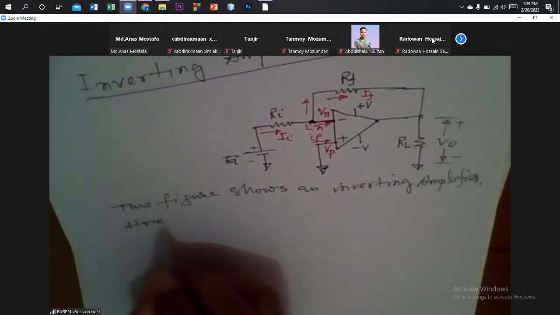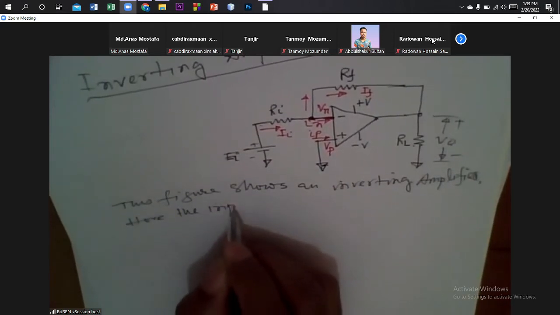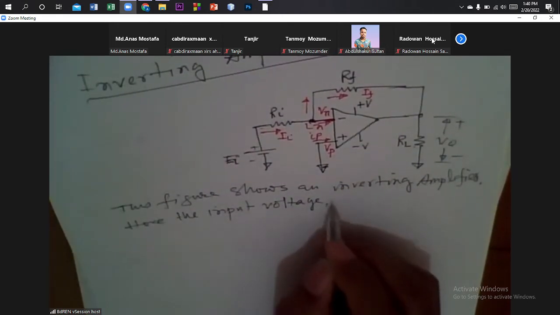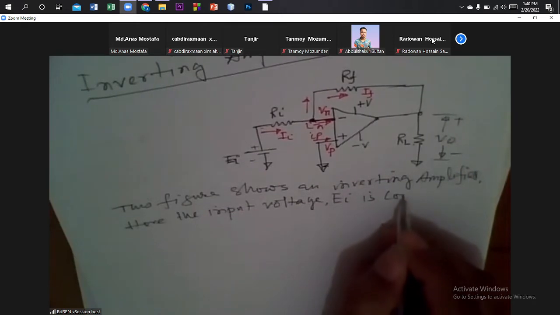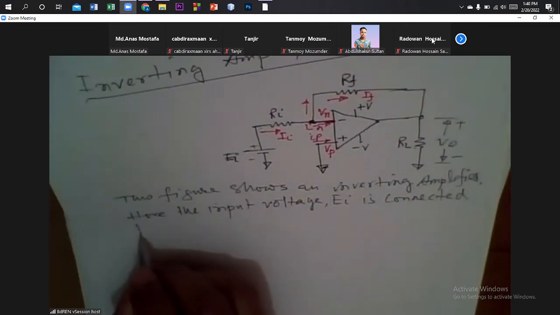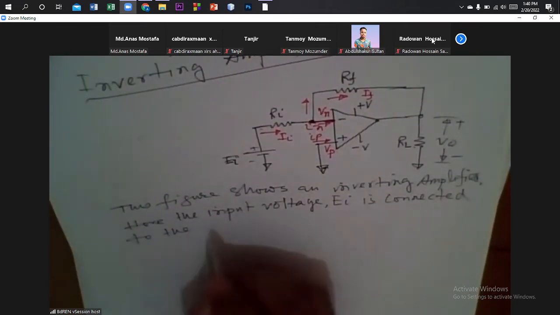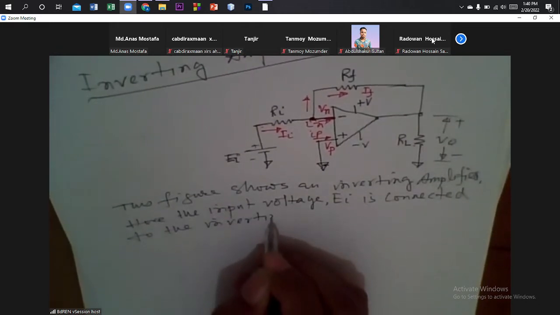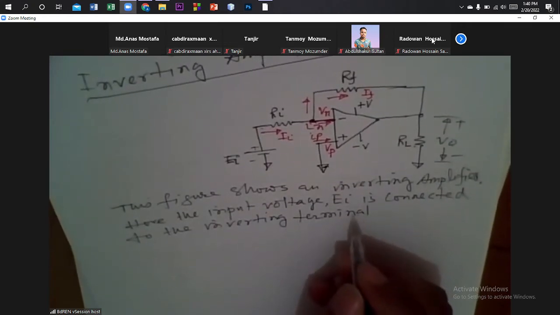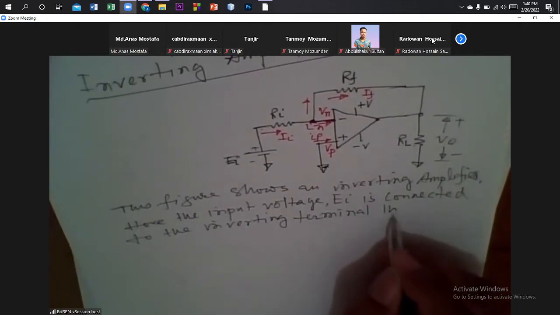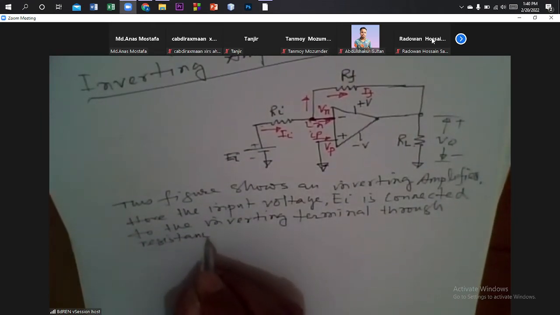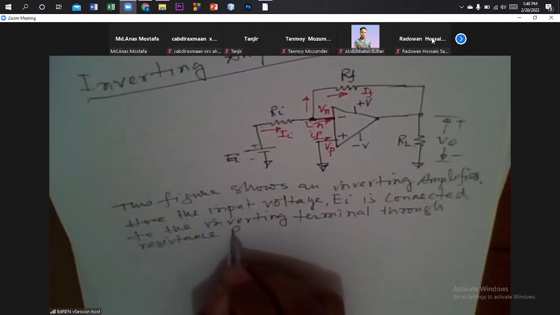Here the input voltage EI is connected to the inverting terminal through resistance Ri.